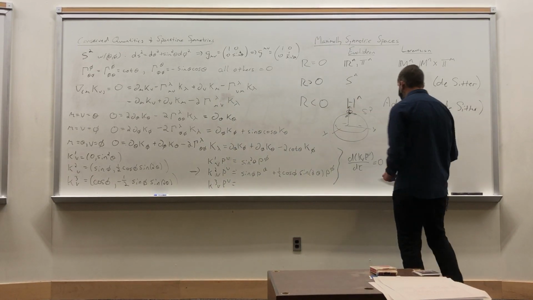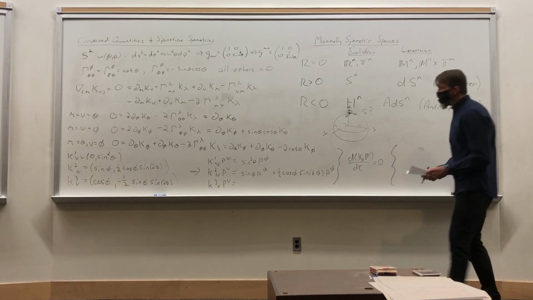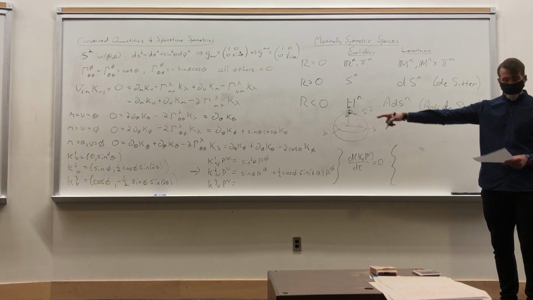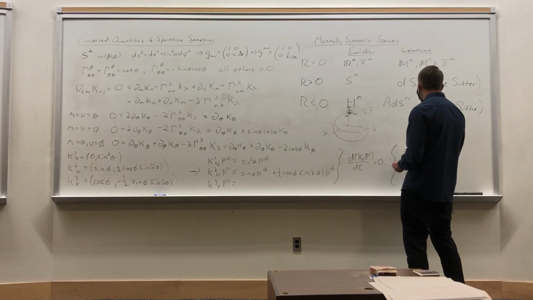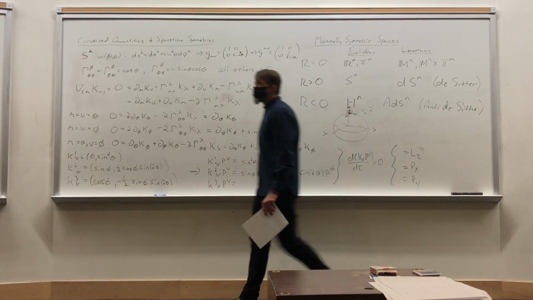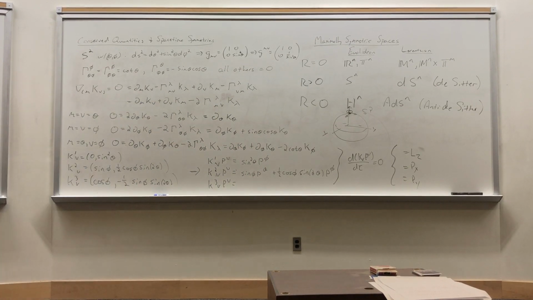So it turns out that the momentum components described by those 3 Killing solutions are nothing but the angular momentum around the z-axis, the x component of the linear momentum, and the y component of the linear momentum, which is what we would expect. Whew.